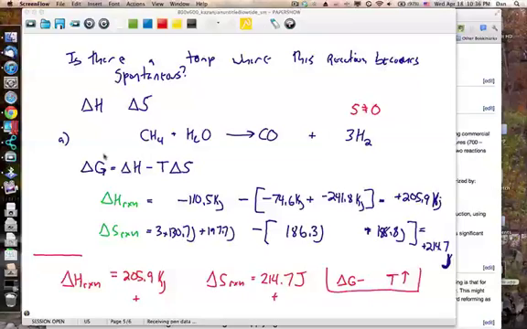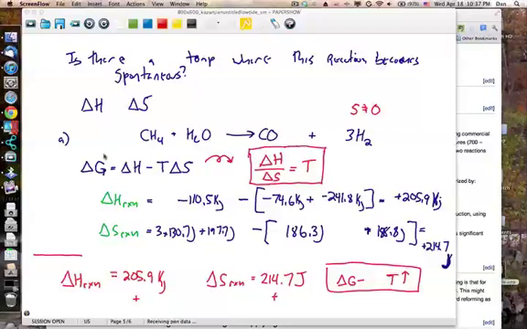From the observation of the sign of both of these, we can say that when T is large, delta G will become negative. In fact, we can rearrange this equation such that at that transition point, delta G will equal 0, and you get the following: delta H divided by delta S will equal T, the temperature at which this reaction swaps from a non-spontaneous form to a spontaneous form. The only caveat is the units. We have to make sure that the units are consistent.